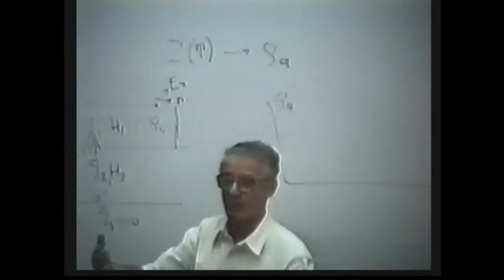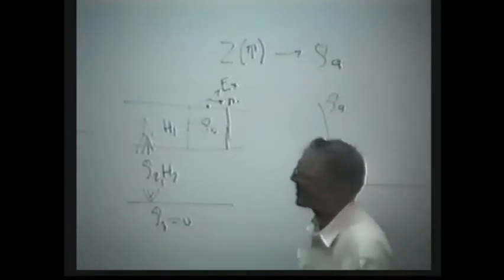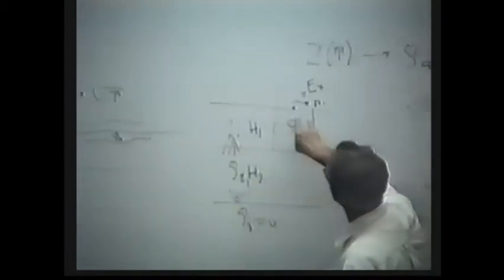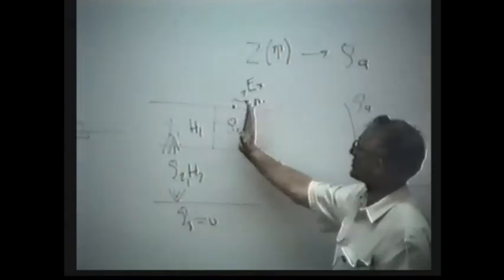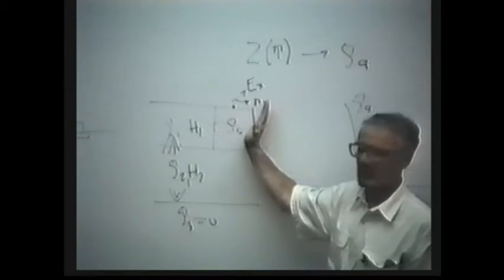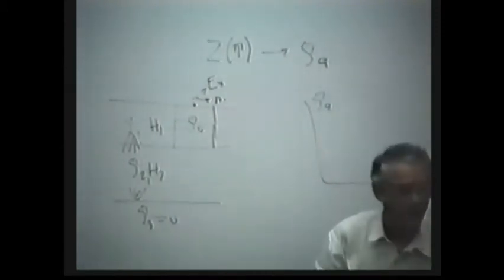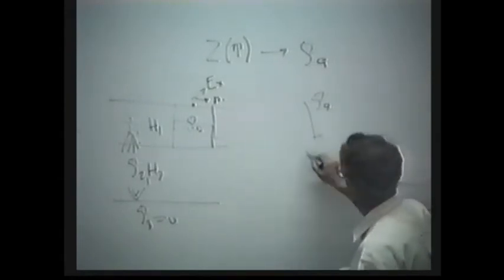So we will have an anomaly. And what would happen? A very peculiar picture. When the frequency is very high, you don't see these edges. You are sitting on the surface of a uniform half space with resistivity ρ1.